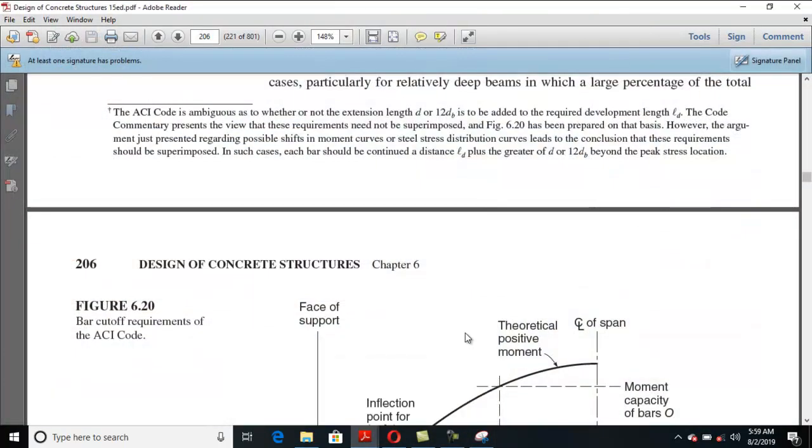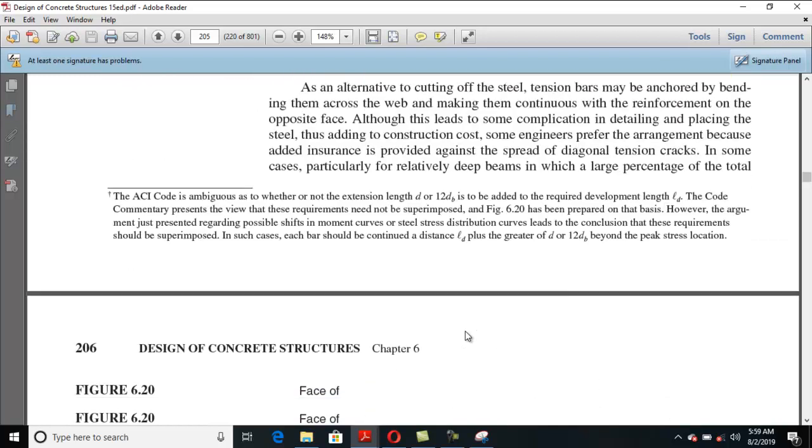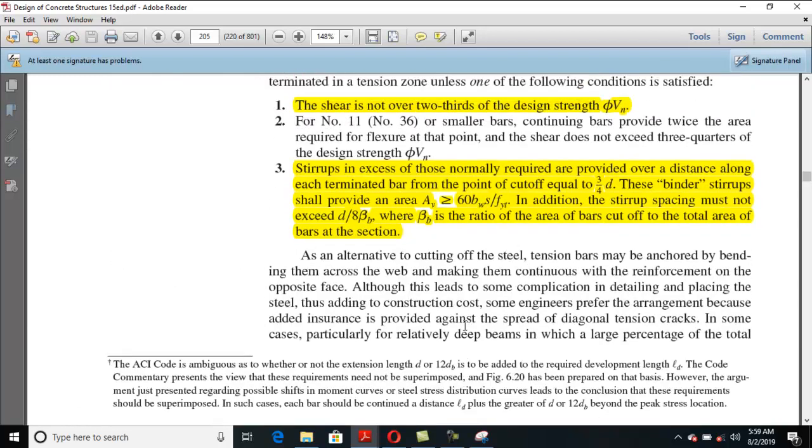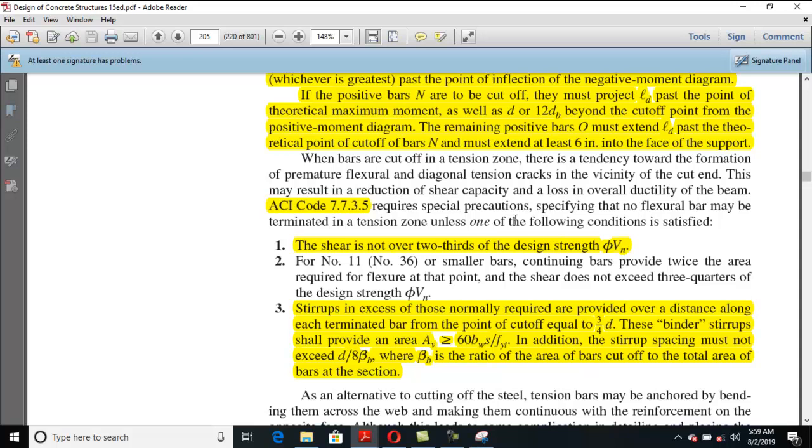Okay. Now here we will discuss. Remember, this is also very important. Checks. Okay. ACI basically does not allow you to cut the bar area in a tension zone.